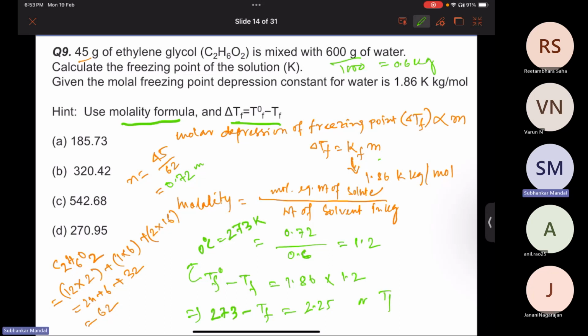So TF is equal to 273 minus 2.25, which is 270.75. What is given is 270.5 maybe, so close to this, D is the answer. This way you can proceed with this type of problem.